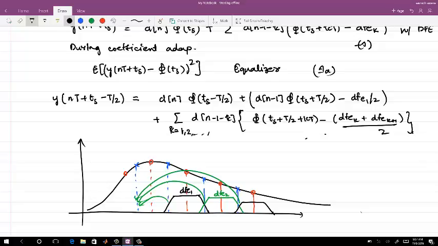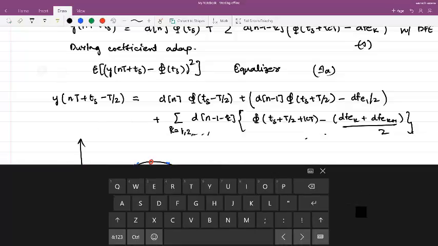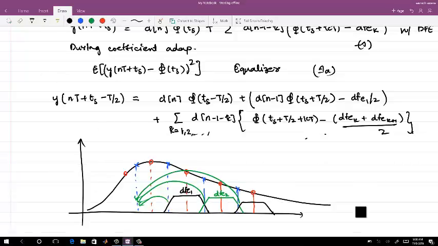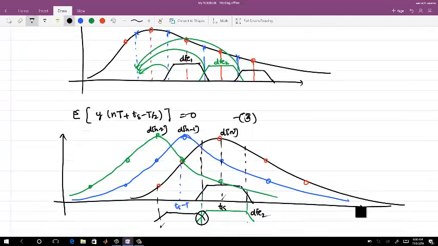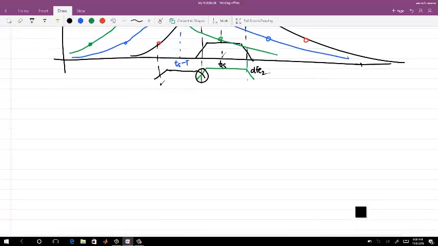Equation 1 is a general equation, but for the adapting coefficient, we have to minimize the mean square error, that is 1a. And this is the second equation, that is the edge information. For data-based adaptation, the mean edge error should be equal to 0. So a common solution will exist between 1a and 2a. The TS sampling point should be chosen such that a common solution exists between the two, and the final DFE coefficient should come with respect to these two equations.